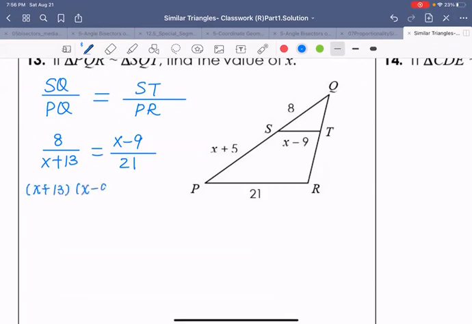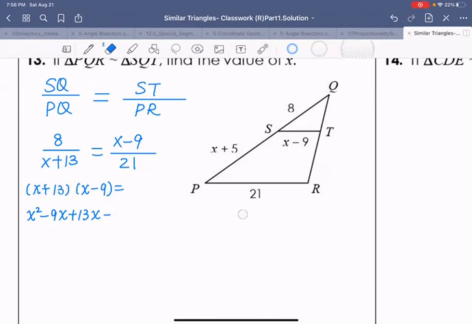Like x squared minus 9x plus 13x minus 97. Oh, 97, sorry. Equals 160. Hold on. I don't think it's correct.